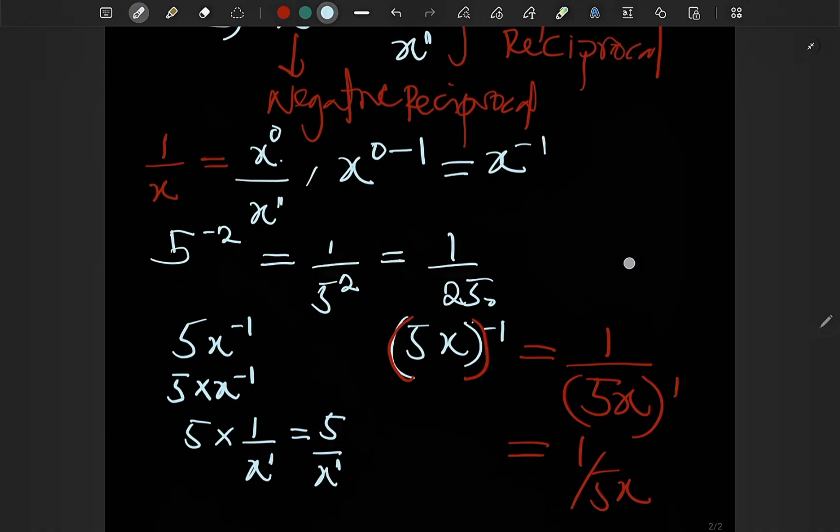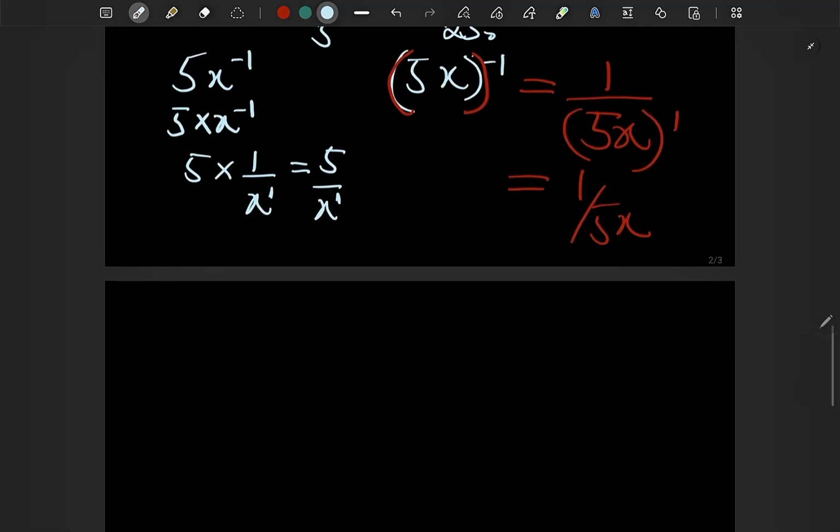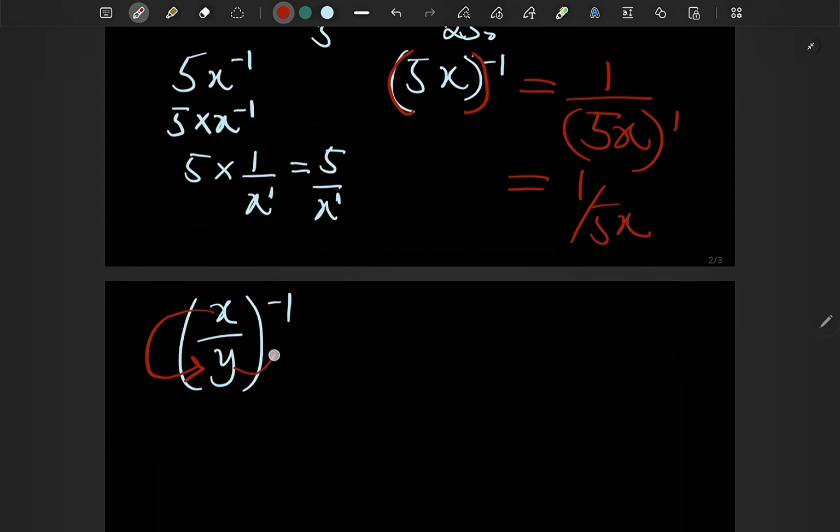Now, the question, what is the reciprocal of a fraction? What is the reciprocal of a fraction? Let's say you have x over y raised to power minus 1. Now, the reciprocal of a fraction is an interchange of the numerator with the denominator and the what? Denominator with the numerator.